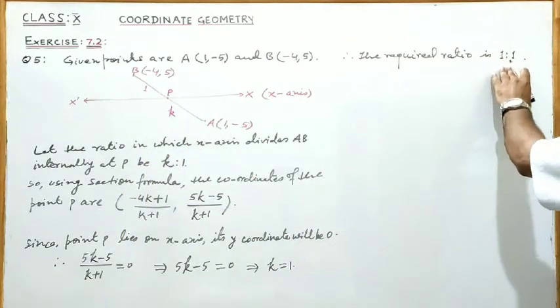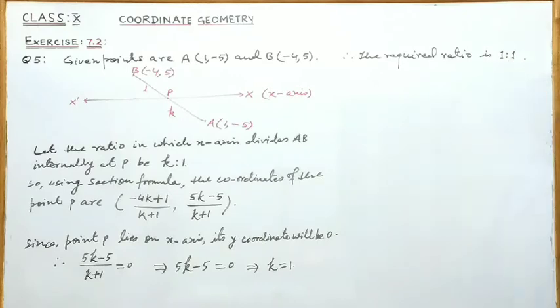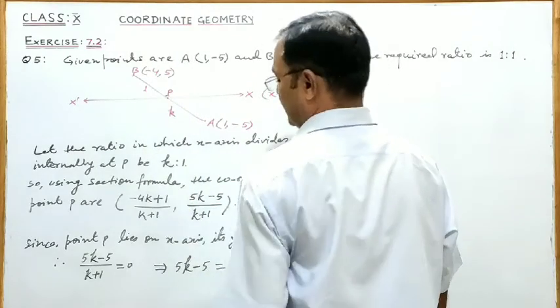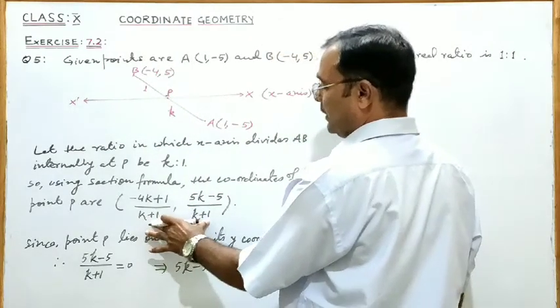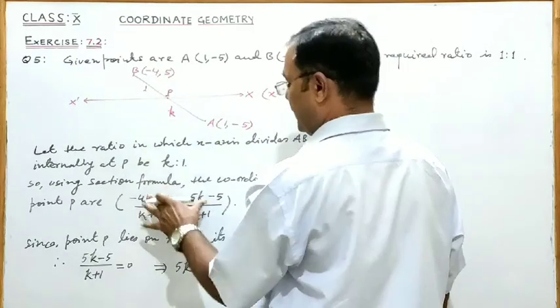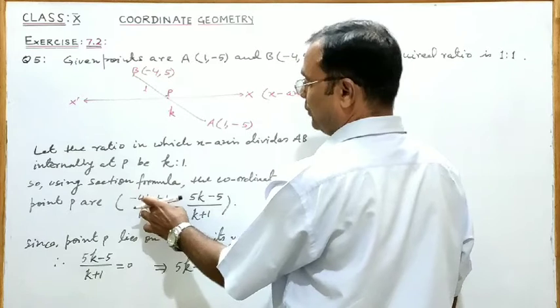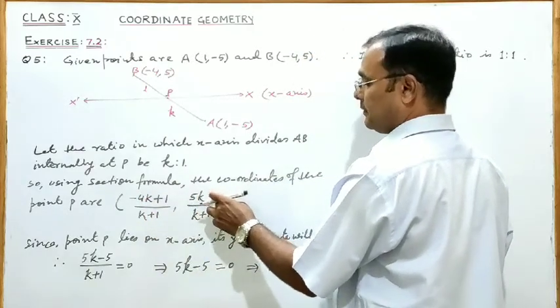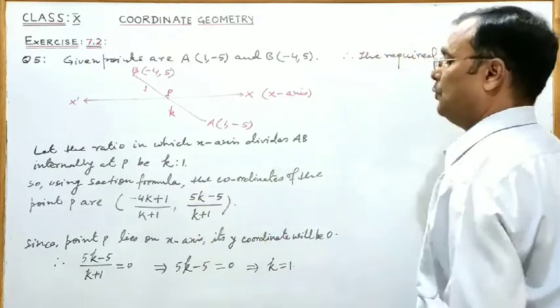So the ratio we have found is 1 is to 1. Next we have to find the coordinates of the point of division P, and the coordinates of point P in terms of k and coordinates of A and B we have got are (-4k plus 1) by (k plus 1), (5k minus 5) by (k plus 1).